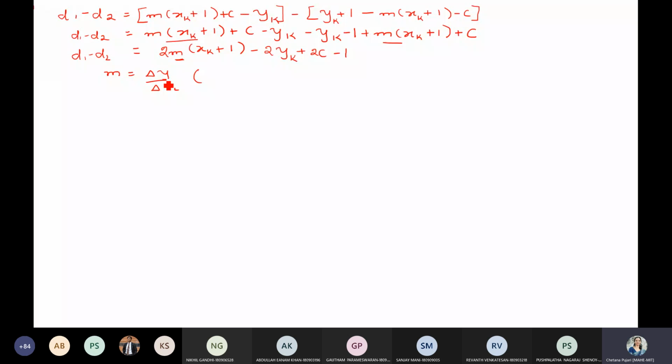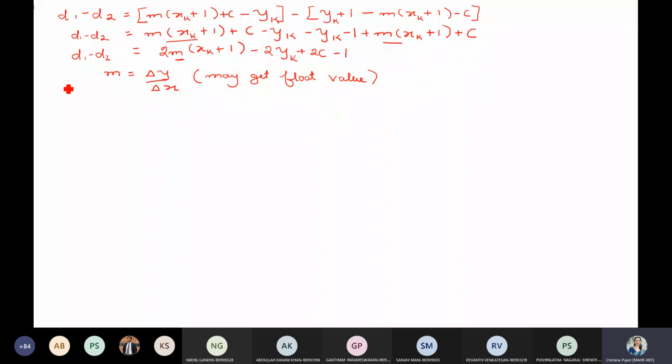So when you do delta y by delta x, I may get a float value, which we want to avoid in this algorithm, right? Because you want to get rid of that floating computation. That's why we are using this algorithm. So we somehow don't want this fraction and end up again with the floating values.